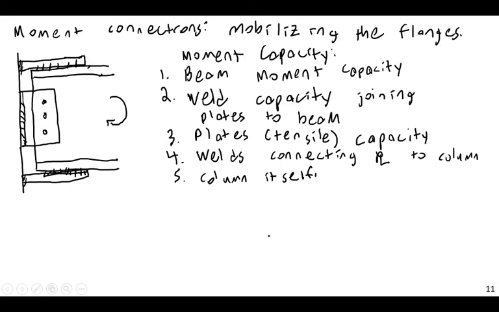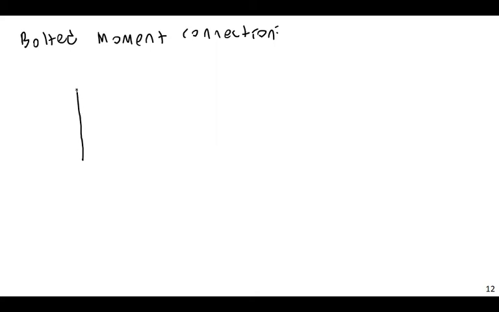And I could also look at a bolted moment connection. A bolted moment connection would look something like this. I could make this entirely out of angles. So let's say I wanted to make a bolted connection entirely out of angles instead of plates.